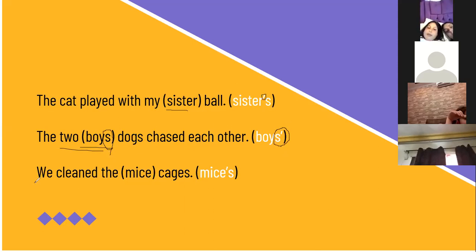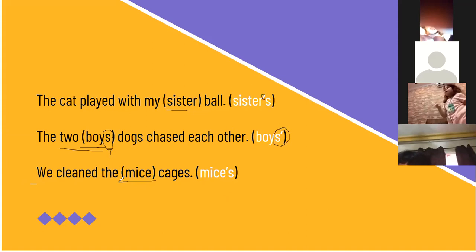Aline, you will do later, I promise, okay? Yalla, Ali. Read the third sentence. We cleaned the mice cages. Mice, is it singular or plural first?